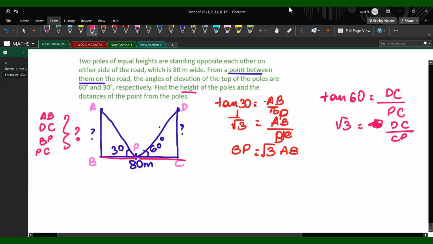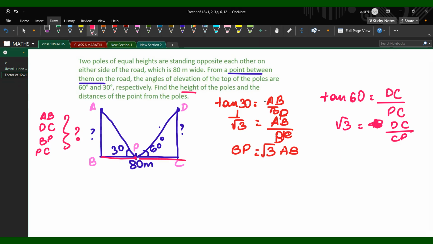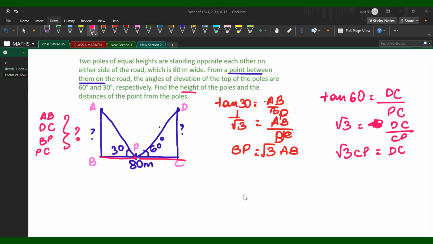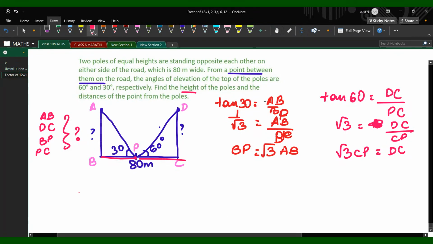Then here we will take DC, which is root 3 CP. Correct. One second, I think we made a mistake here.